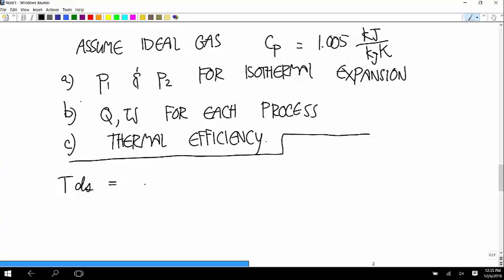So TdS is equal to du plus PdV. For an ideal gas, P is equal to RT over V. Yeah, I'm already making good progress here.